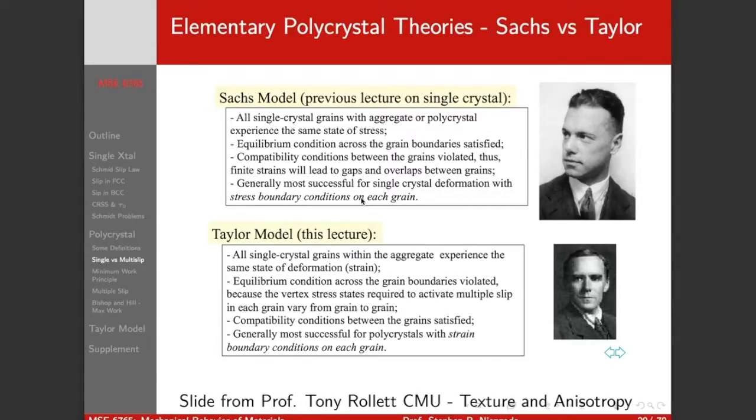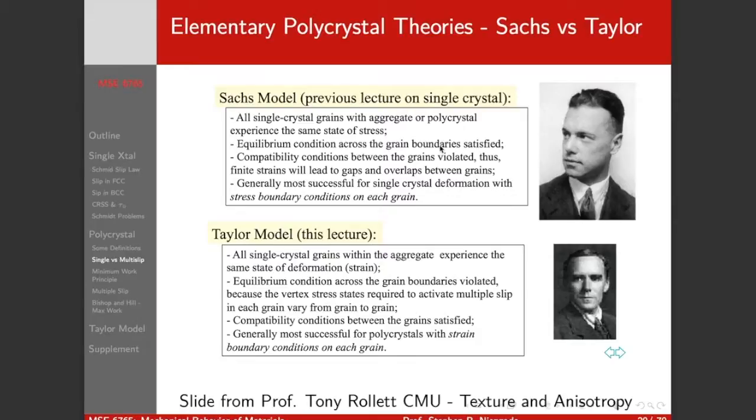So Sachs, this guy, came up with a model quite a ways back in the early 30s, where he said, let's just consider that all the grains in the polycrystal see the same state of stress, right? We know that stress equilibrium has to hold across all the grain boundaries. So the simplest way we can make stress equilibrium hold is just all the grains see the same stress.